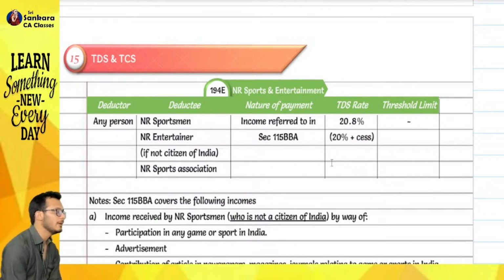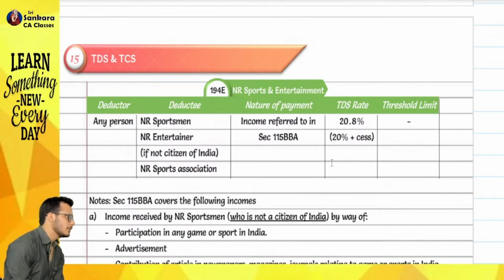If you are going to make a rent payment of more than 50,000 per month, one extra benefit is given to you. They are saying, boss, in these scenarios, you do not have to deduct TDS every month. You can deduct TDS on the last day of the year. Rahul, I quit the property in December itself. What to do?